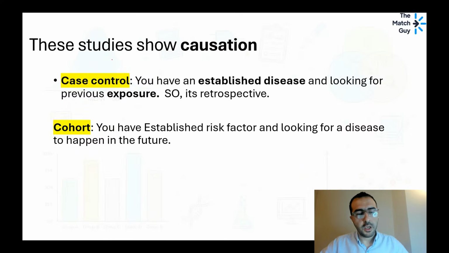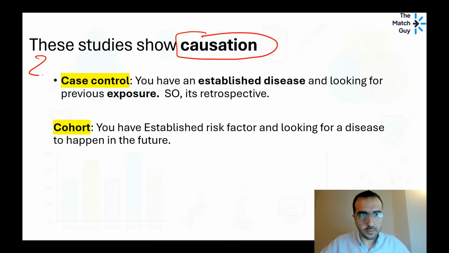In case control studies and cohort studies, these two studies show causation. And also we have two groups. From what we described in the last slides, it was only one group, but here we have two groups.